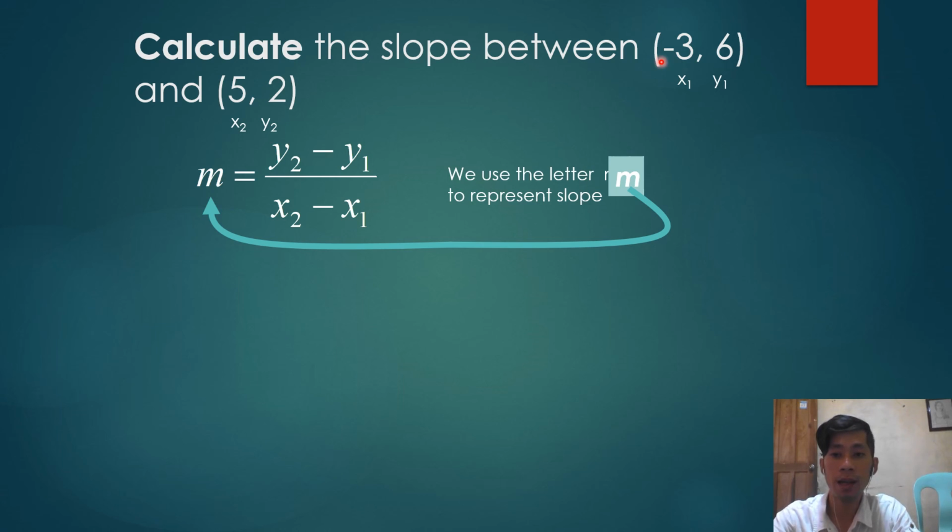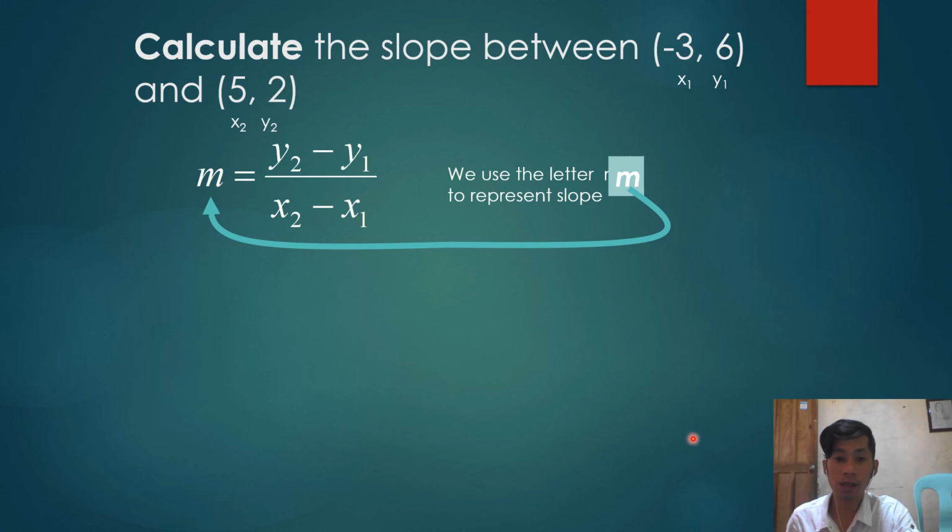So we designate that this is our x sub 1, this is our y sub 1, this is our x sub 2, y sub 2. So laging tandaan, dapat parehas po silang sub 1 dahil po first ordered pair, then parehas dapat silang sub 2. So hindi pwede pong magkaiba sila ng sub.